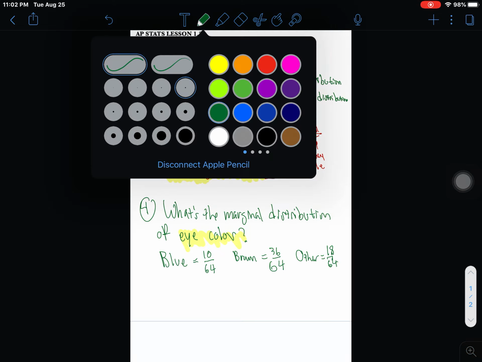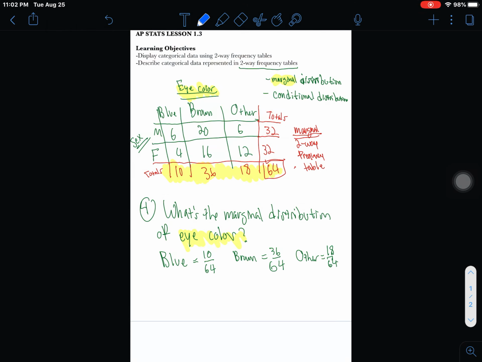All right, and then the last question, which I hope hits on this last piece that we haven't talked about, conditional distribution.